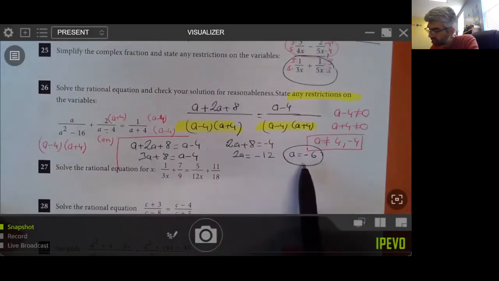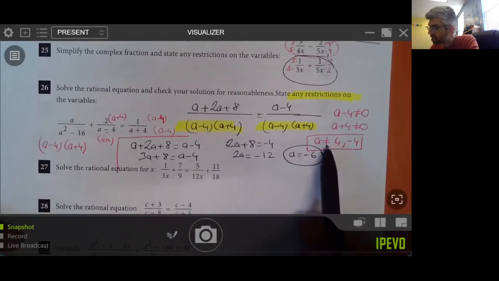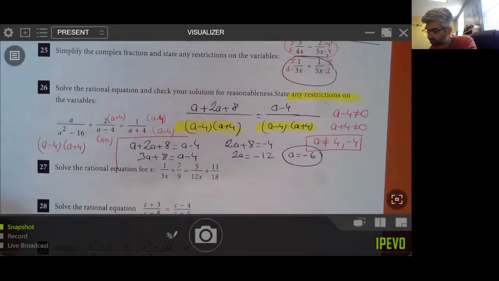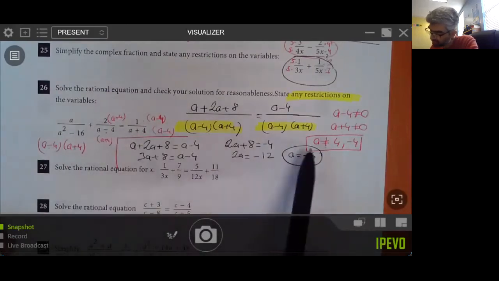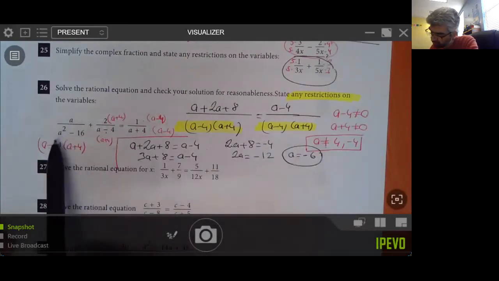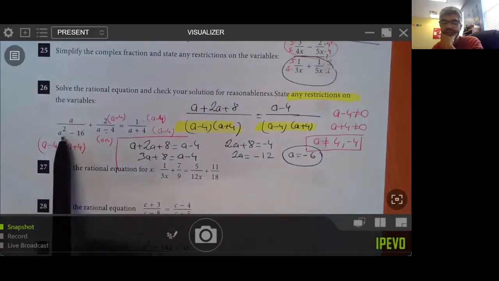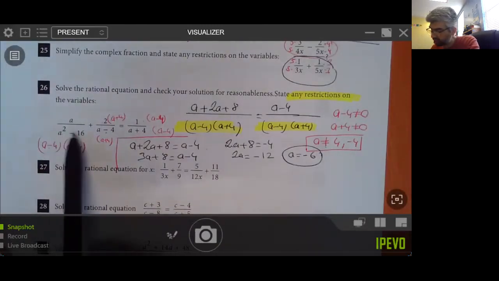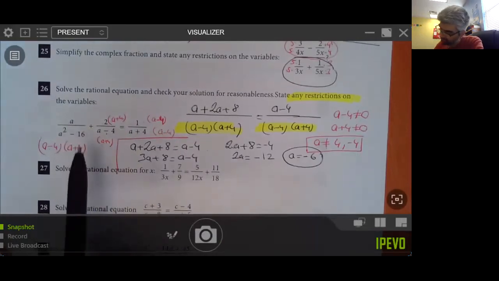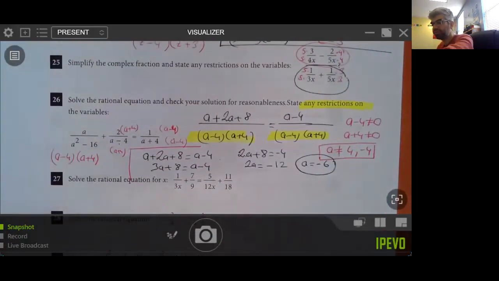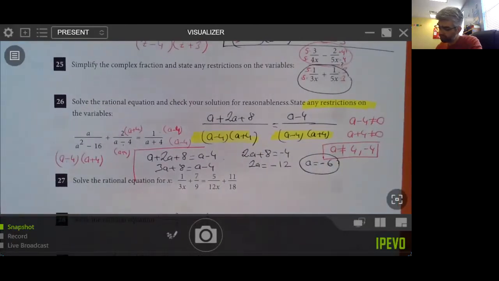a is negative 6, a different than 4 and negative 4. Is it true? So a is negative 6. So negative 6 squared is, what guys? 36. 36 minus 16, it's 20, right? So let me write here. Let's check the answer here.